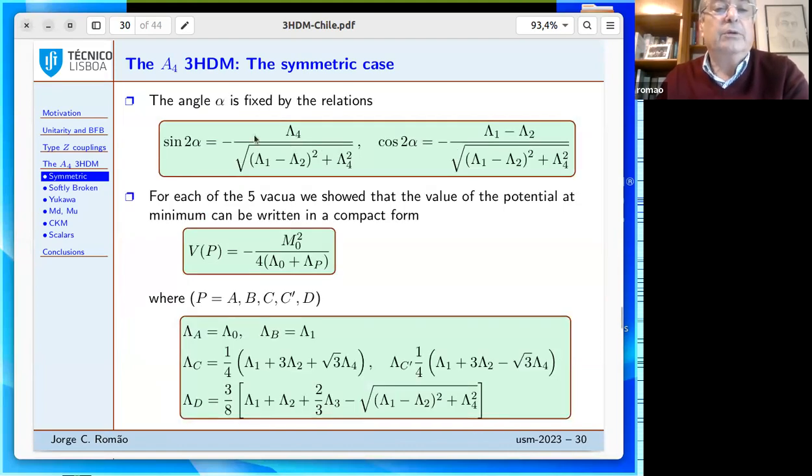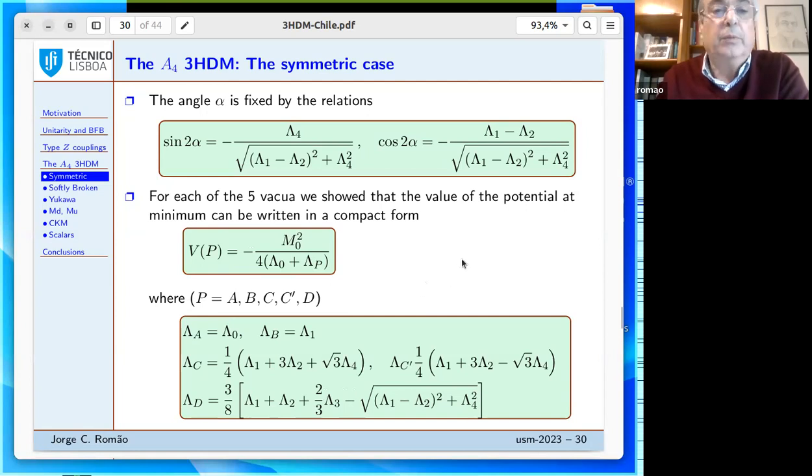And this angle that I was mentioning is given in terms of the parameters of the potential. For each of these 5 vacua, we showed that the value of the potential at the minimum can be written in a very compact form, and this is very useful, as I'll explain in a moment. The only difference between the 5 vacua is the value of this lambda p, which can be A, B, C, C prime, and D, and depends on the parameters of the potential, but you have an explicit expression for each of the vacua.